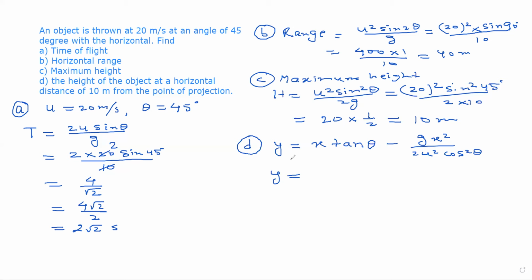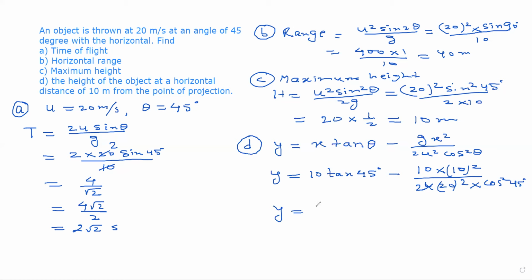X, they have given 10 meter. 10 tan theta is 45 degree, minus G is 10, X is again 10 whole square, then 2 U square, that is 2 times U is 20 whole square, and cos square theta will be equal to cos square 45 degree.